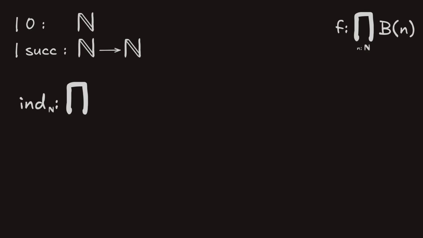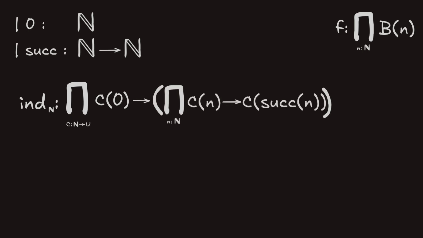Let's call it C. We then pick a term in the type that C sends the term 0 to. Next, we pick a function that, given some n in the natural numbers, defines a function from C n to C (suc n).